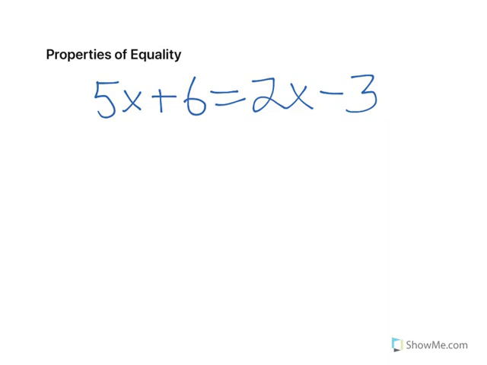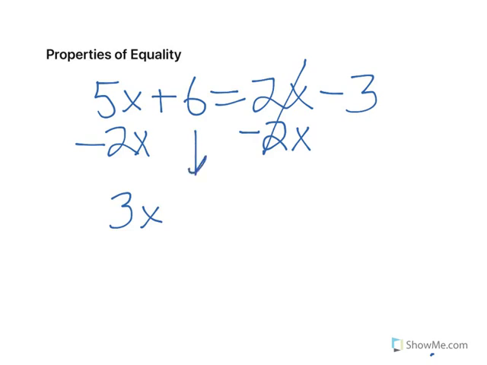So since this 2x is smaller, we're going to subtract 2x from both sides. And these will cancel. 2x minus 2x is 0, so those go away. 5x minus 2x is 3x. But you still have that 6 there, so 3x plus 6. And you still have that minus 3 over there is equal to minus 3.